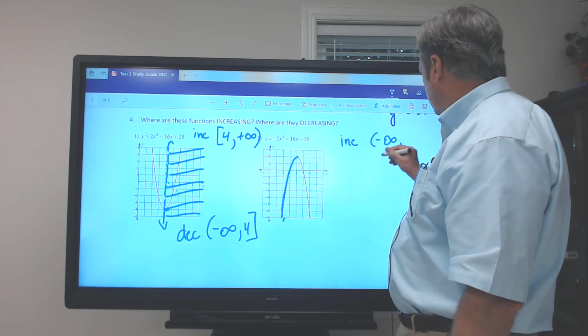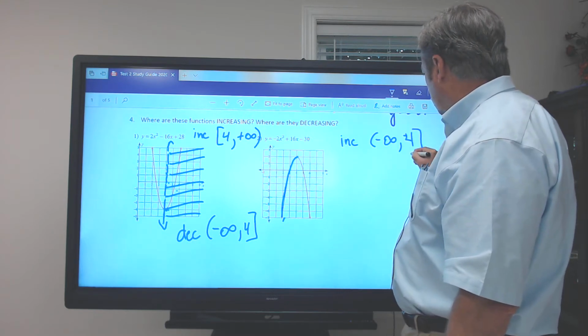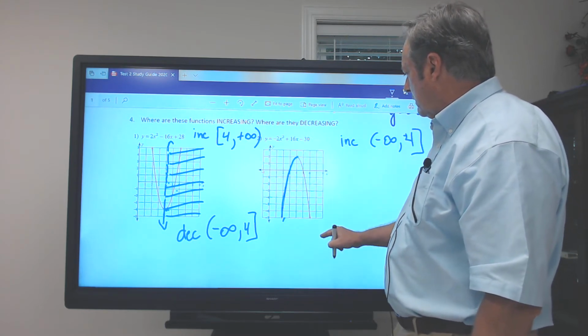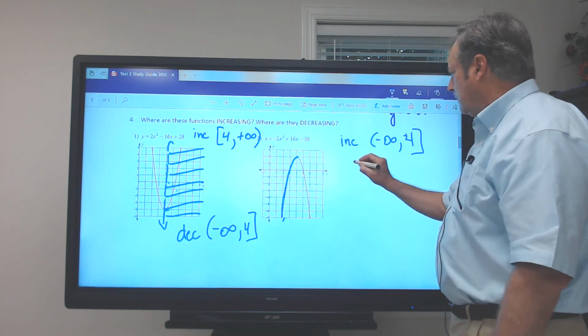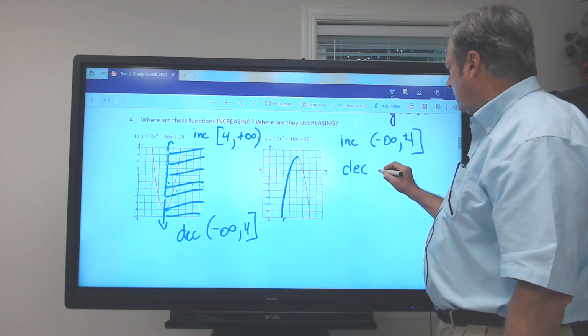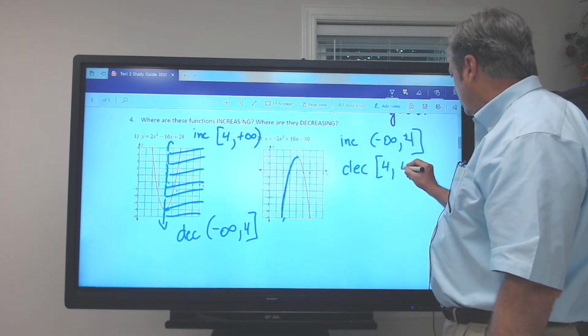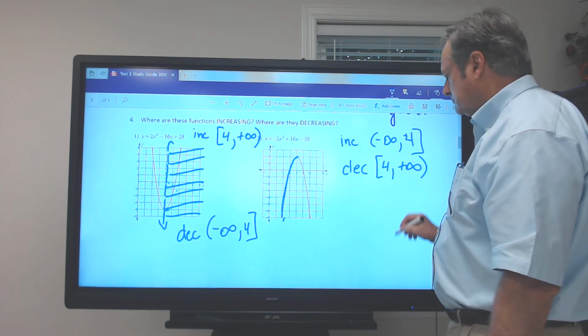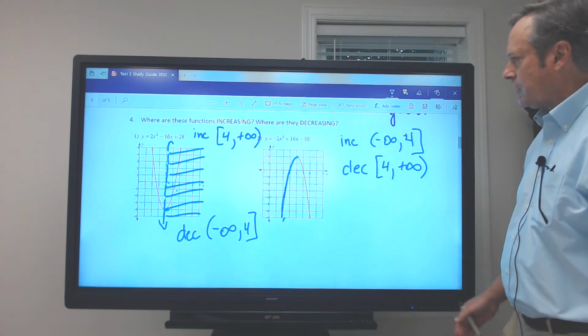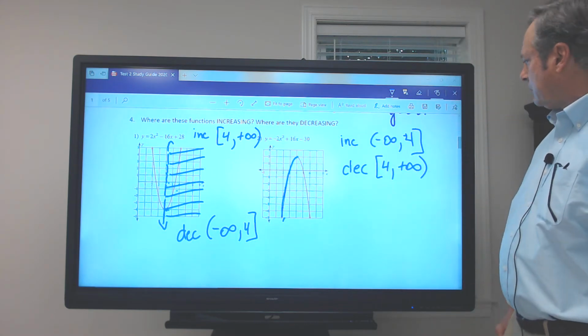Boom. That's when it peaks out. So that means from here to the right is where it decreases. So it decreases from positive 4 to positive infinity. It's actually just the opposite of that one over there.